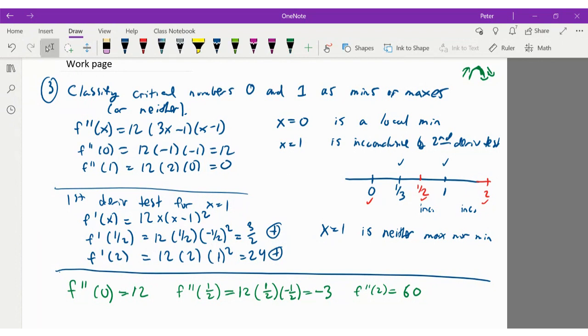At x equals 1, what we saw is that the monotonicity of the function is not changing. The first derivative is positive on one side and positive on the other, so it is actually increasing on both sides. But as we're going to see with the green calculation that I did, this is going to be x equals 1, and it's still increasing, but it's changing its shape like that.